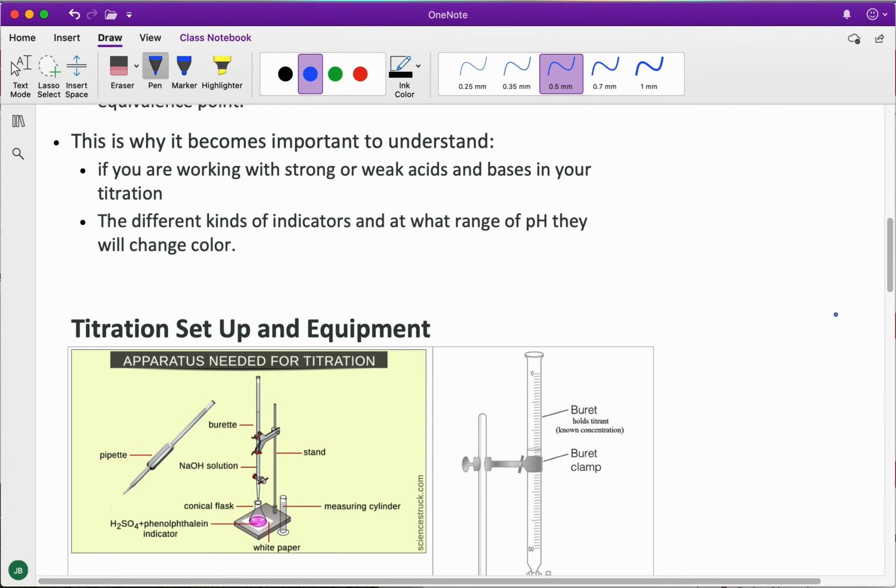And then you also have to know your indicators and know what range they change colors in, okay? Because the strength of the acids or bases that you're working with is going to help you determine the best indicator to use for that acid-base titration.